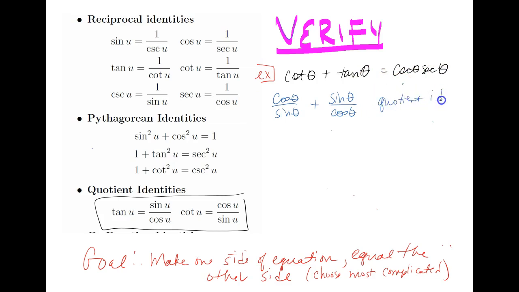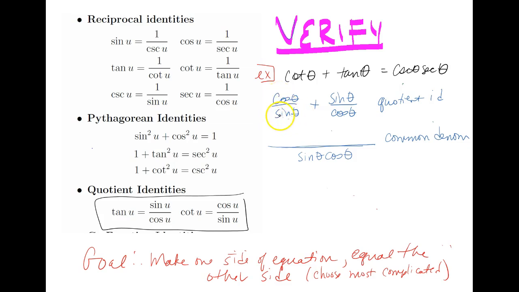Okay. Now, my next step is, what do you do with two fractions to get them together? Well, you need to get a common denominator. One of them's sine and one of them's cosine, so you've got to multiply them together. So the common denominator looks like sine cosine. Remember with fractions, whenever we multiply the denominator by something, we have to do the same to the top.